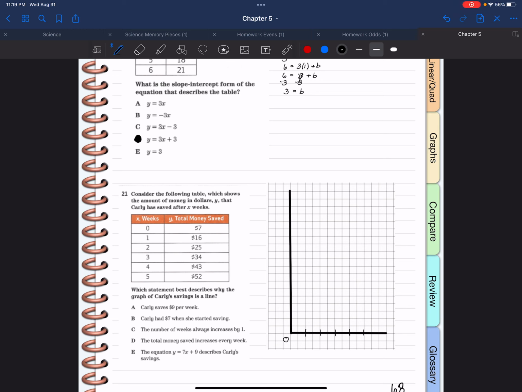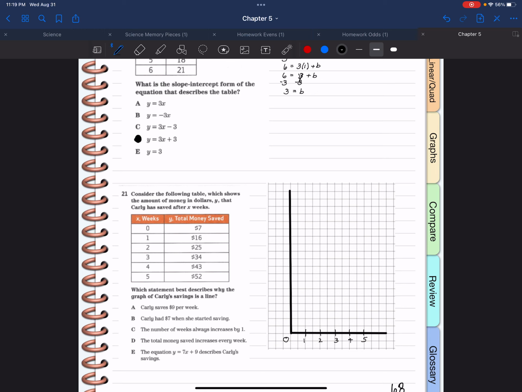So we have 0 weeks, 1 week, 2 weeks, 3 weeks, 4 weeks, and 5 weeks. And then on the y-axis, we have a scale from 7 to 52. That is a difference of 45.